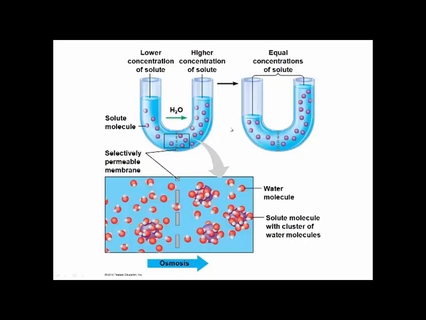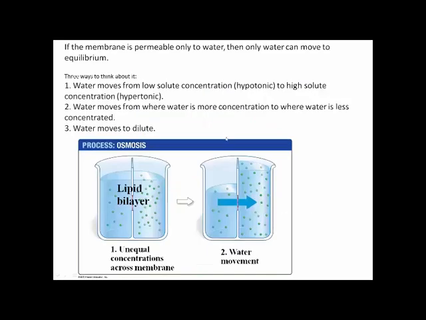Now, our cells can easily allow water to move across membranes. And so we have to keep a careful concentration of solutes in order to make sure that we don't have net water movement in either direction. Here again we've got a lipid bilayer, greater concentration of solute, lesser concentration of solute. Again, our membrane is permeable to water. Water moves from low solute concentration, hypotonic, to high solute concentration, hypertonic.